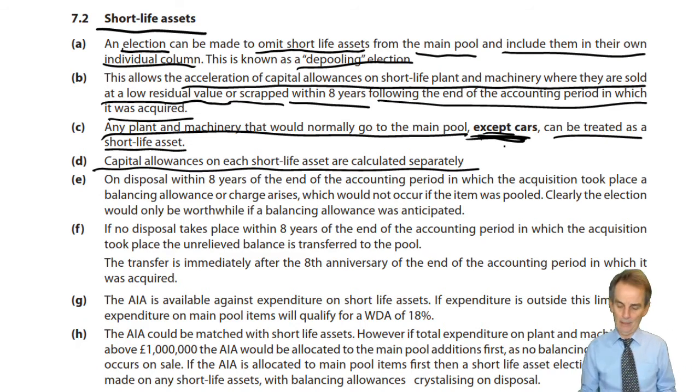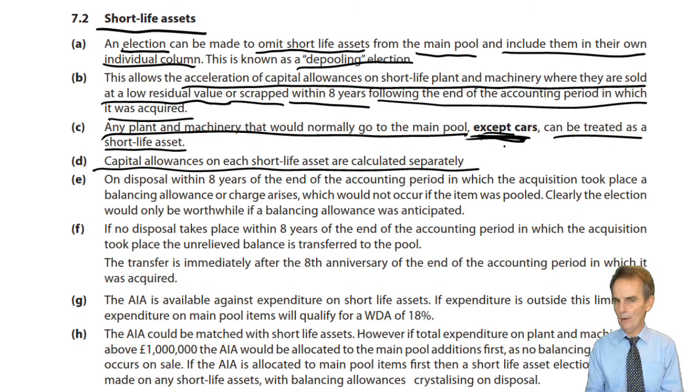And the idea behind it, what we're looking at is an asset that would have gone into the main pool. So most plant and machinery that would otherwise go to the main pool won't actually end up in the pool, because when we buy it, what do we get to claim? We get to claim AIA. And what is the AIA limit now available to us? £1 million.